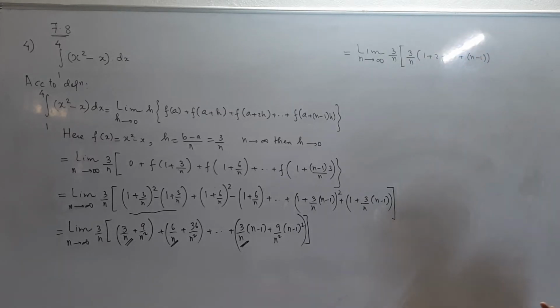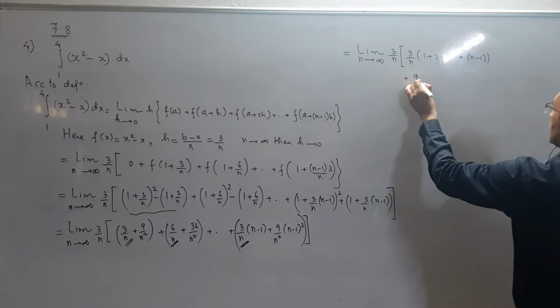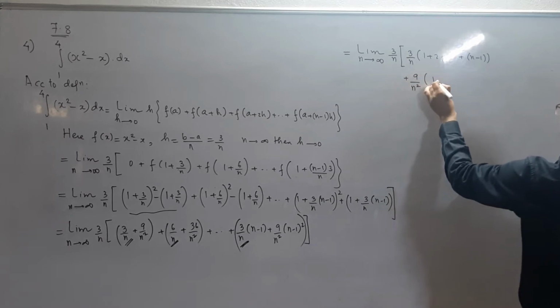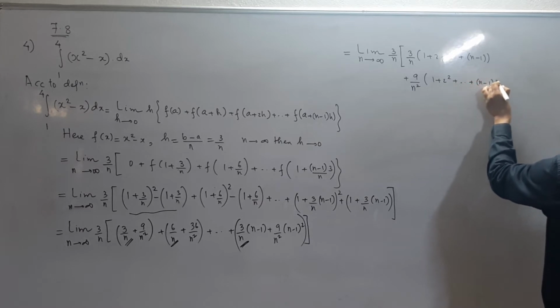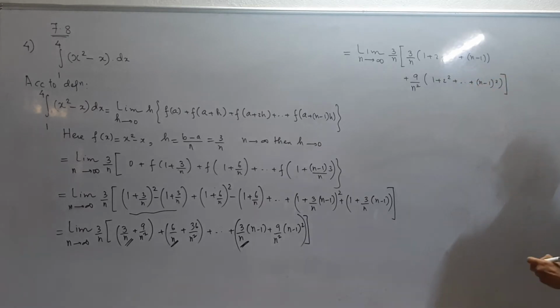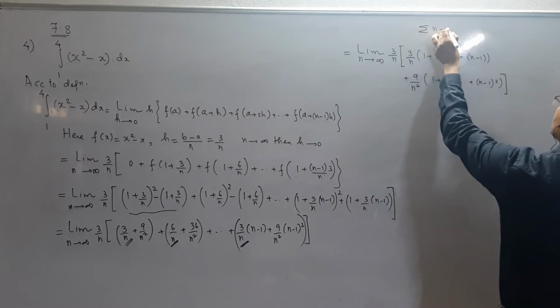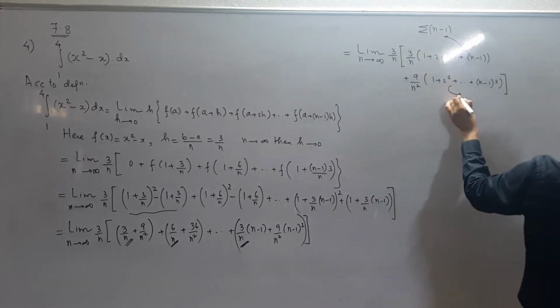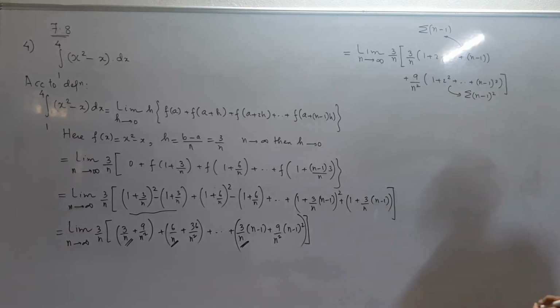Now from square terms, if I take 9 by n square common, then I will get into bracket 1 square plus 2 square plus 3 square up to n minus 1 the whole square. Now, this term will be sigma n minus 1 and this term will be sigma n minus 1 whole square.